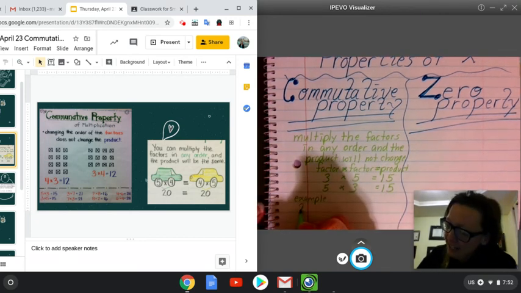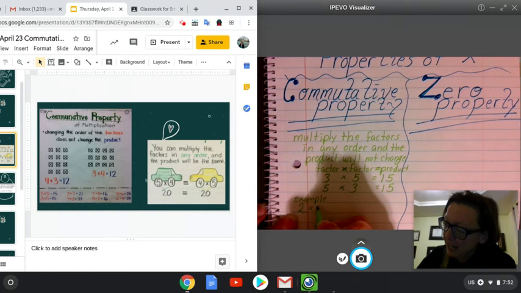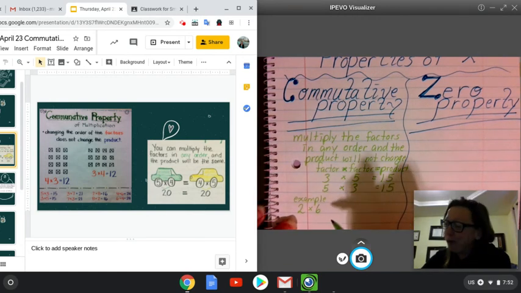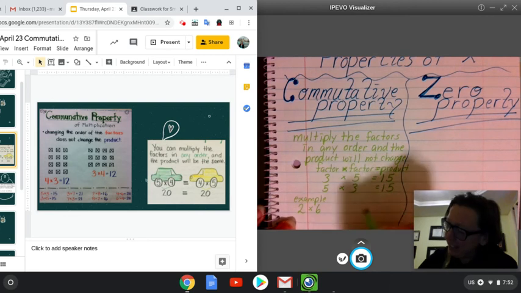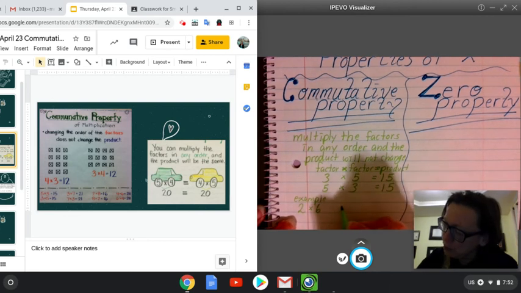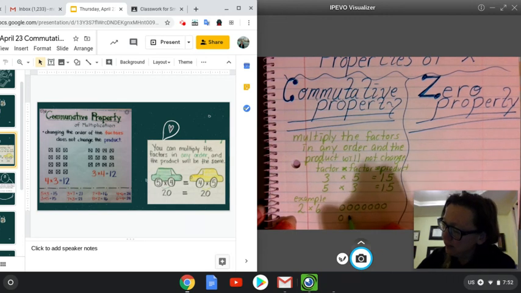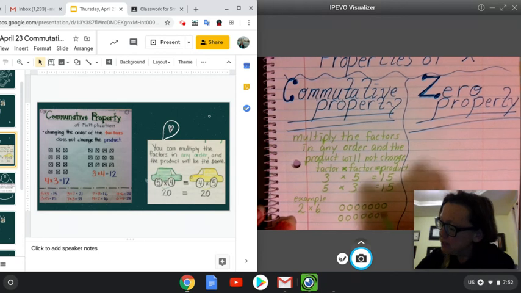Let's look at 2 times 6. If we're drawing this out in an array, that would be 2 rows of 6. So 2 rows, 1, 2, 3, 4, 5, 6. 1, 2, 3, 4, 5, 6.